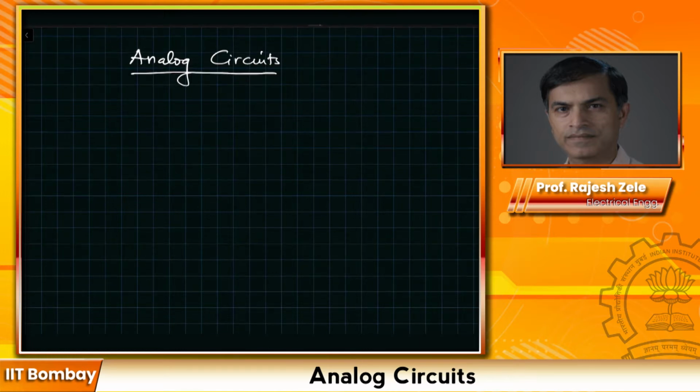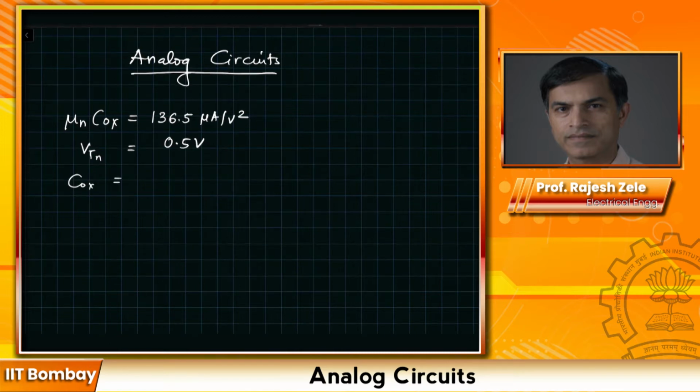In the last lecture, we started off with a few key values, so I want to write those down first so we can use them over and over again. One of them is mu n Cox for the NMOS transistor, which was 136.5 microamps per volt squared. Vt of NMOS was 0.5 volts.